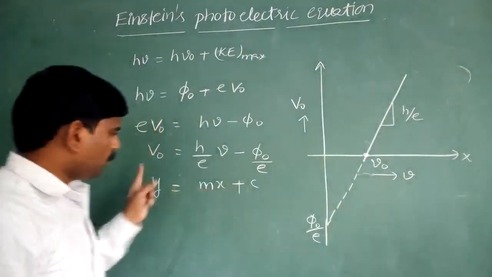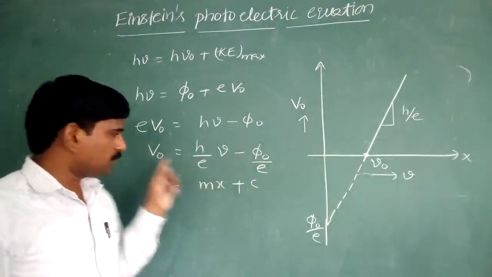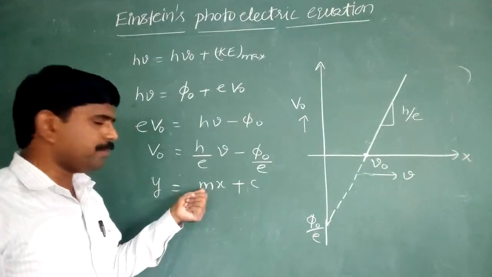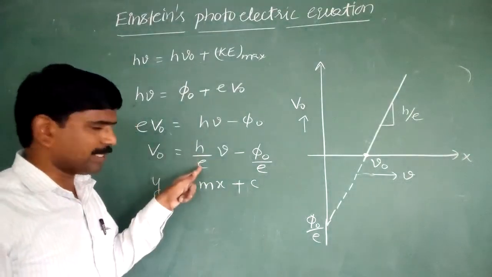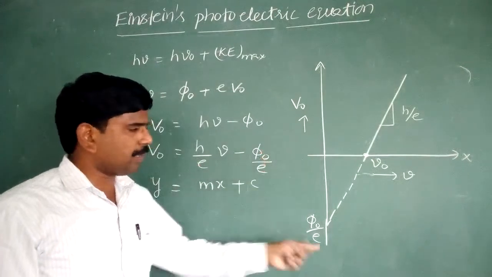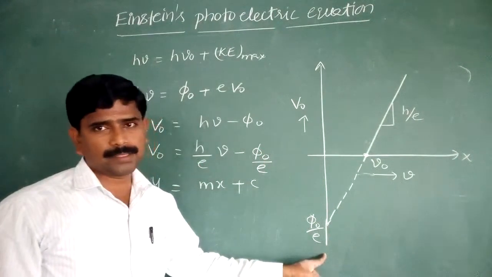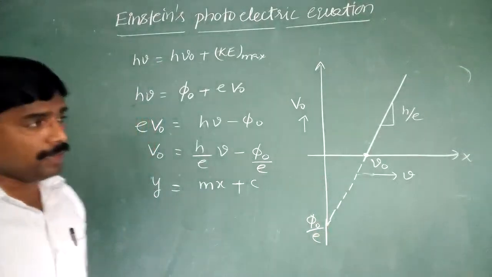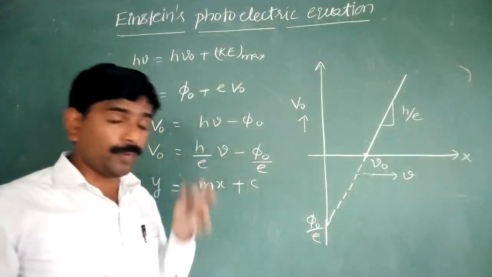Okay. So this equation also looks like y is equal to mx plus c. Here m means slope. Slope is equal to h by e. Y-intercept is equal to phi naught by e, but that is in the negative y-axis direction. Actually, here Millikan made many experimental observations.